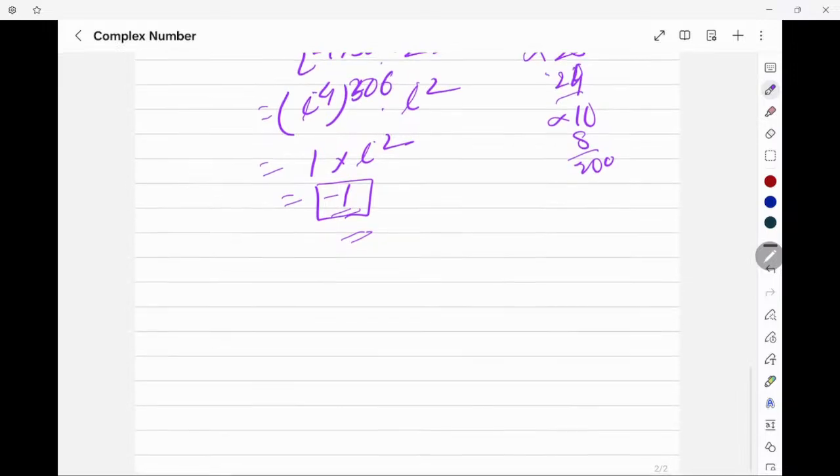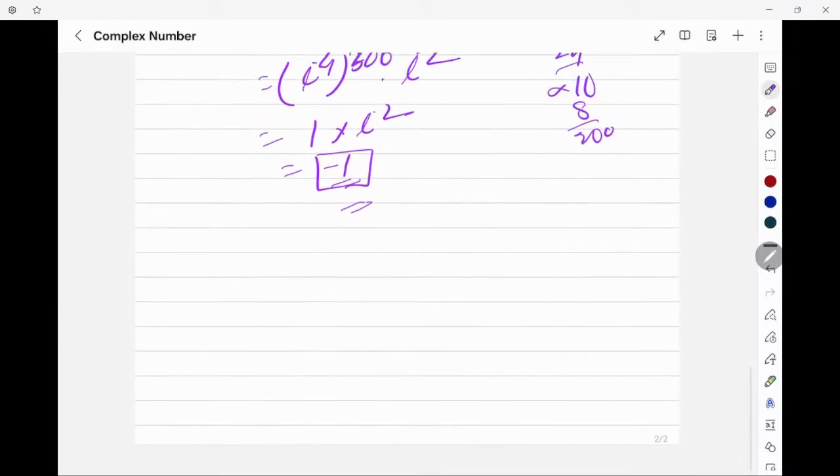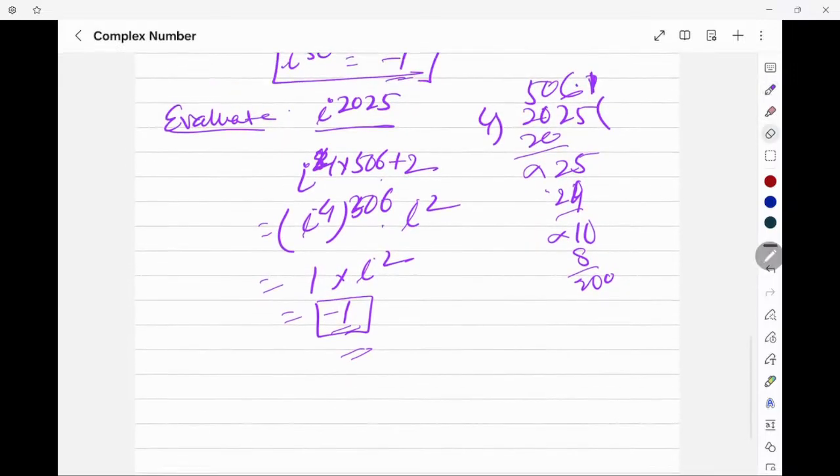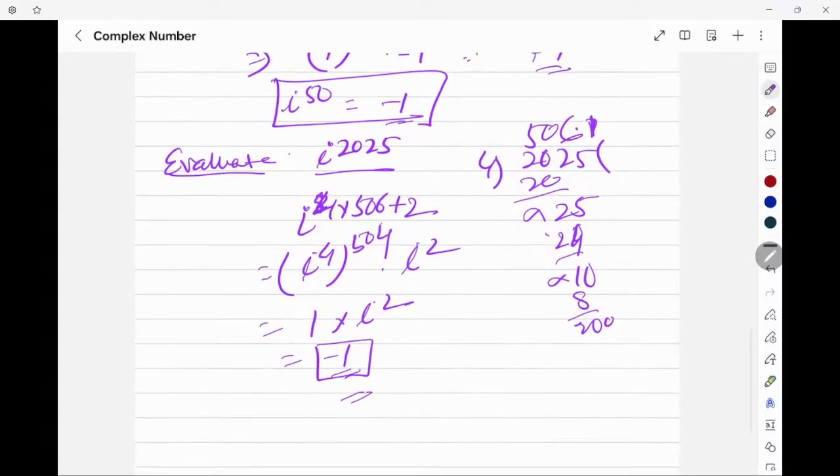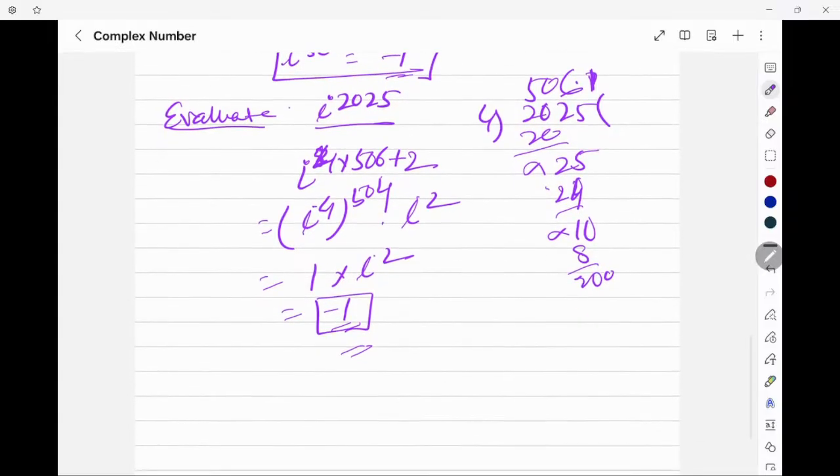So i to the power 2025. We factorize it using Euclid's division algorithm: 4 times 506 plus 1.